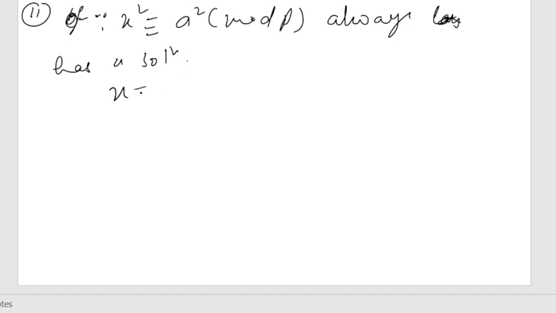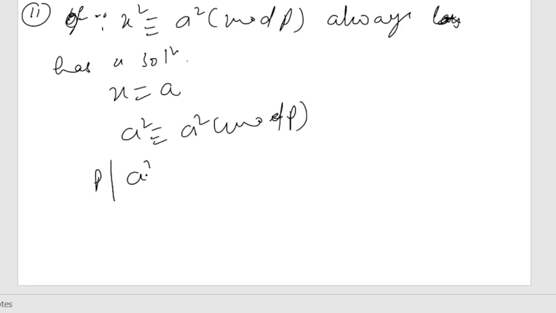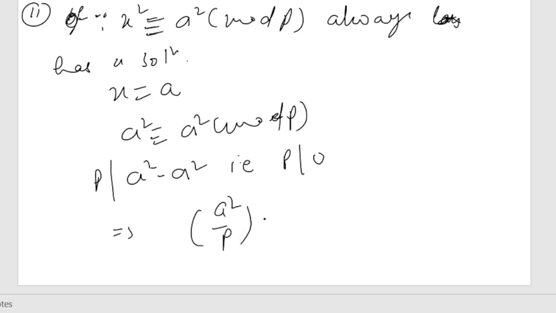Because if you put x equal to A, A square is always congruent to A square mod P, because P always divides A square minus A square, that is, P divides 0. So x square is congruent to A square mod P always has a solution. This implies the Legendre symbol of A square by P is equal to 1.